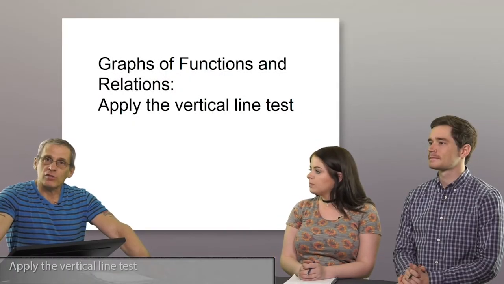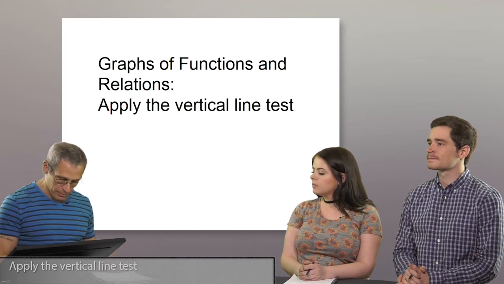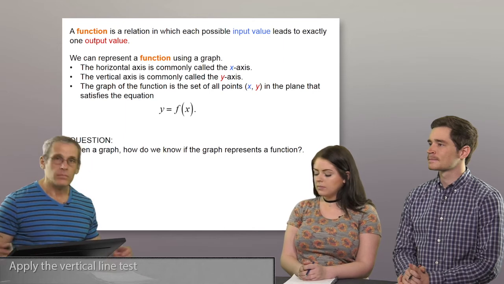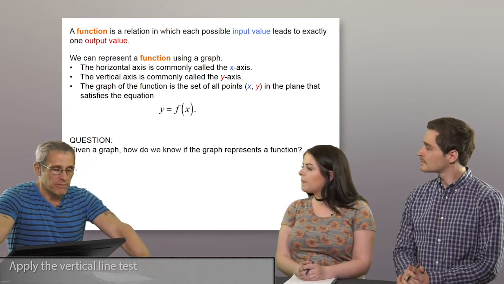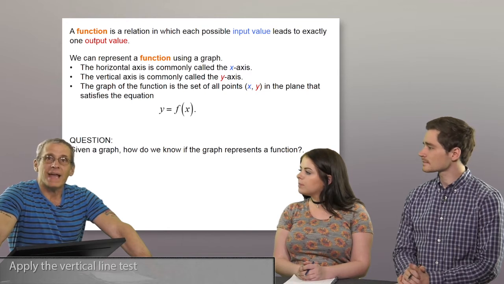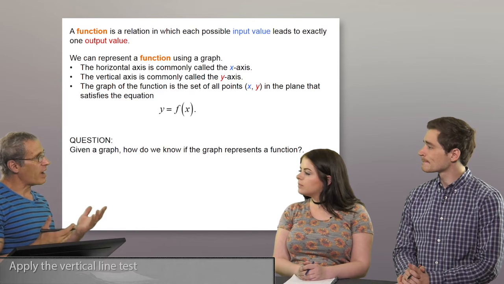Graphs of functions and relations. Apply the vertical line test. Hello. Remember, a function is a relation in which each possible input value is assigned one output value. We can represent a function using a graph.